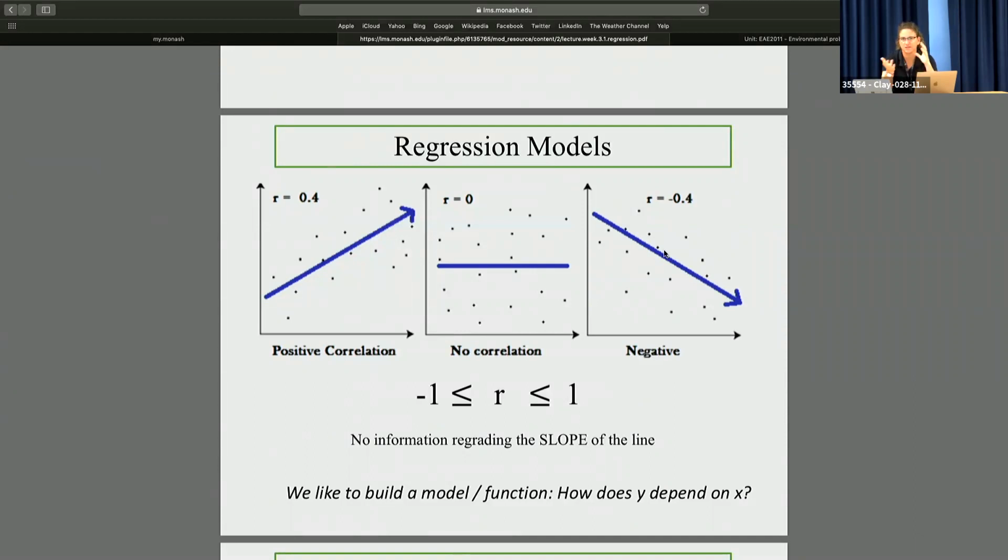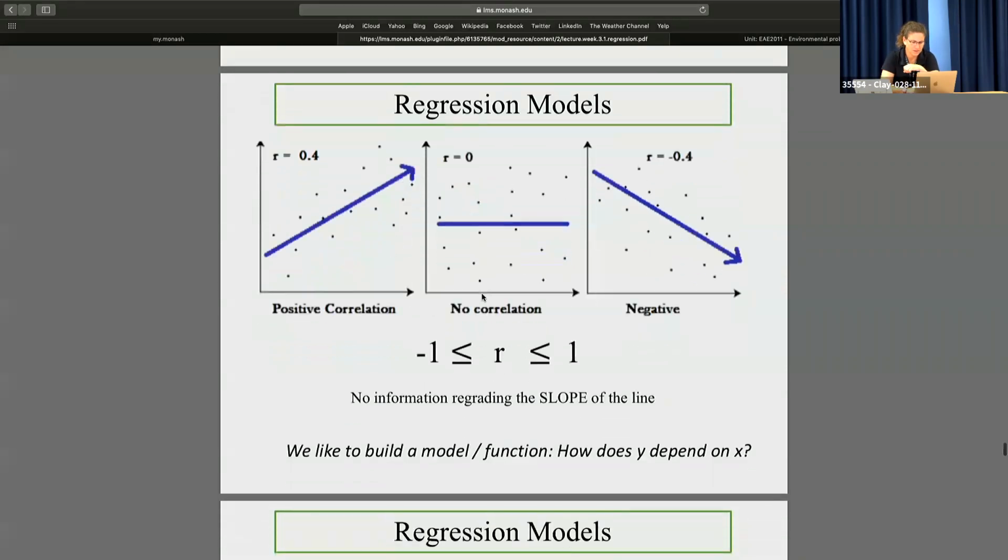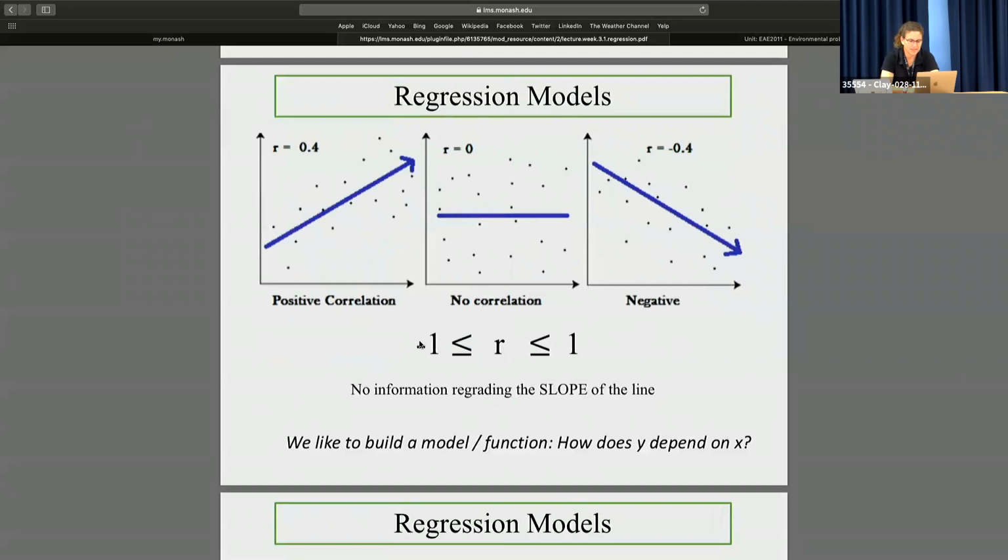And if you have a range of those things, like if the dots are doing whatever they want in a space, you'll end up with a sum that's around 0, which is no correlation between the two. But actually, what we're getting is that there is a correlation between the two. We're getting the direction, but we're not getting information about the slope. How does y change as a function of x?